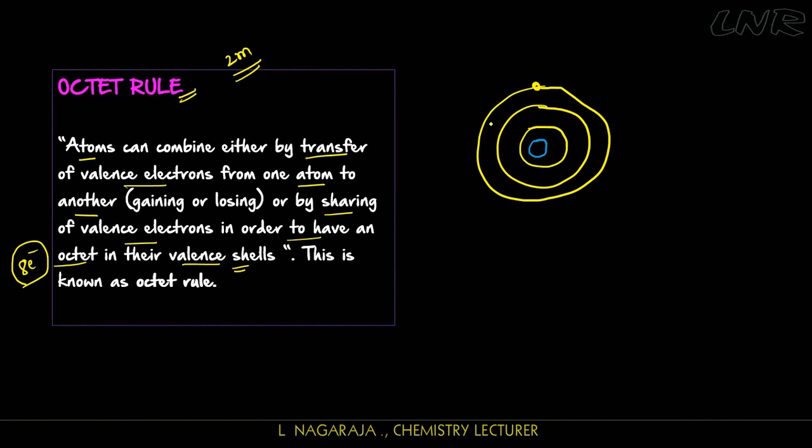In order to get 8 electrons in the outermost orbital, that is 1, 2, 3, 4, 5, 6, 7, 8, the atoms either transfer the valence electrons or share the valence electrons in order to have the octet structure. That is called the octet rule.